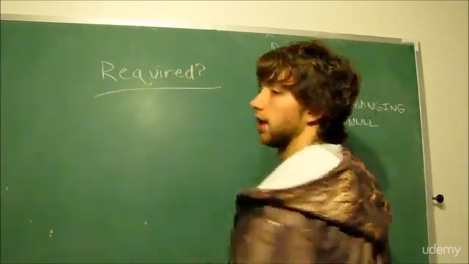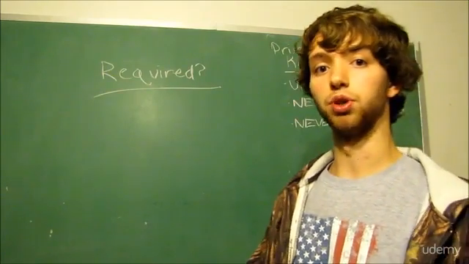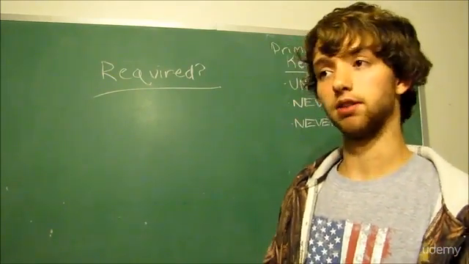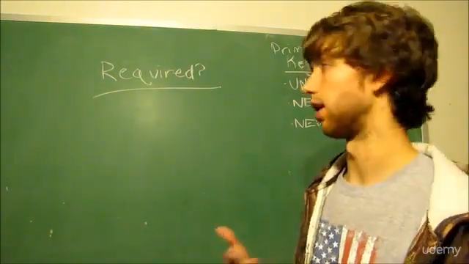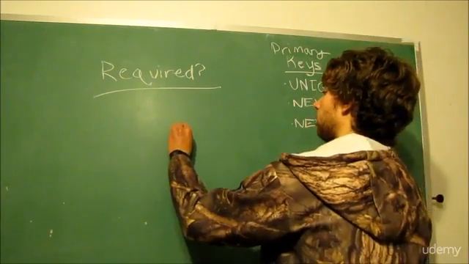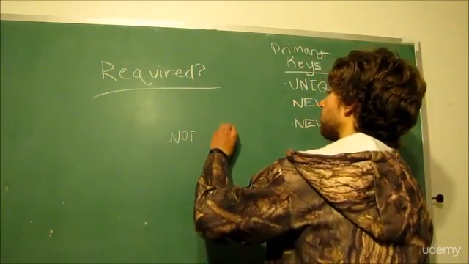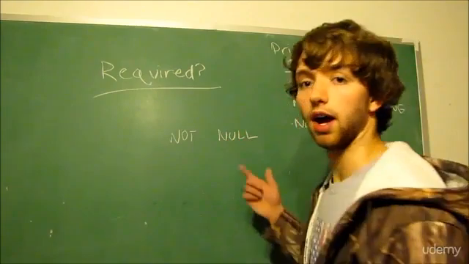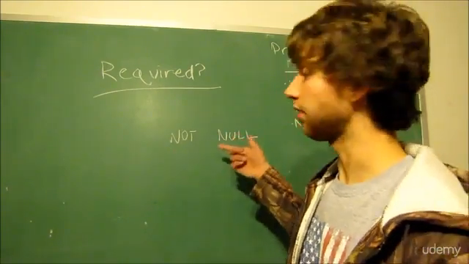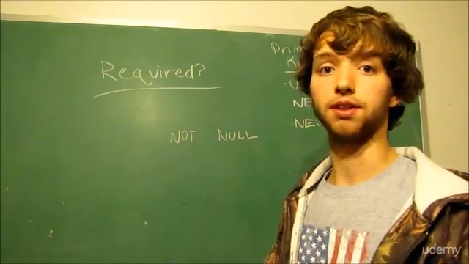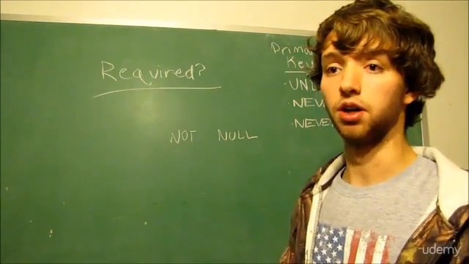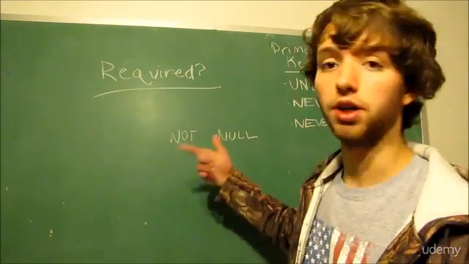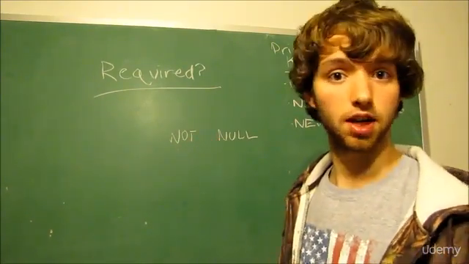This is going to dictate what kind of values we can put within our table. Back to the fax machine, if we have it to where it's not null, that means every single row has to have a value. That also means that if someone doesn't have a value, they might not be able to put any information in this table.